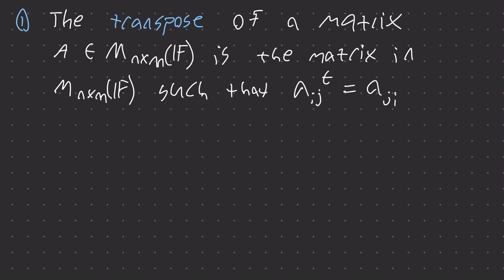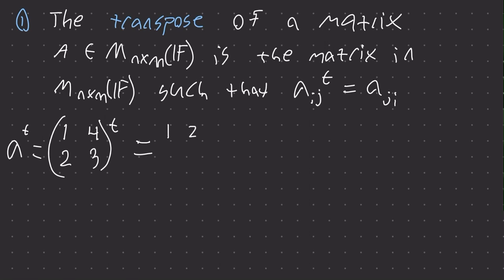So let's see an example of this just real quick. If we have a matrix of 1, 4, 2, and 3, this is the original matrix, so A transpose equals 1, 2, 4, 3.